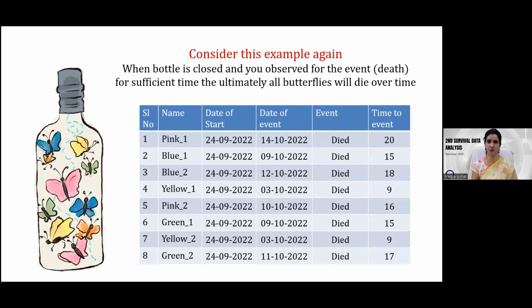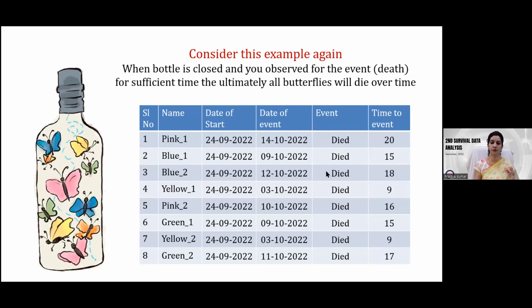So just to give this hypothetical example, this is the same butterfly which you saw in the beginning, the bottle with butterflies. So just see it again. In this case, when the bottle is closed and you observe the event, which was the death of the butterfly, the total study period we have fixed as 1 month.